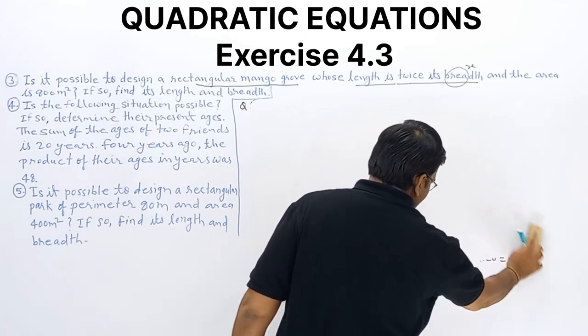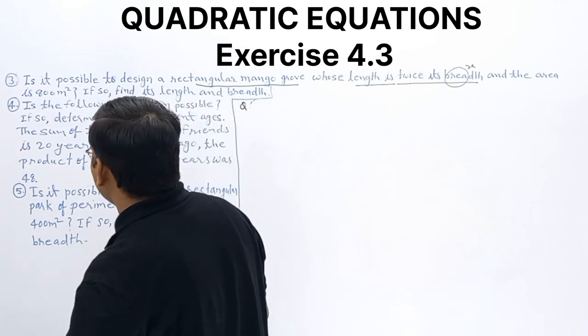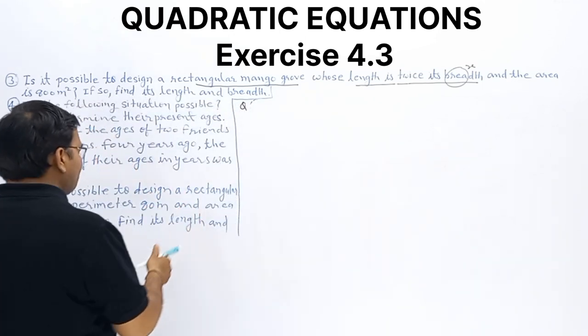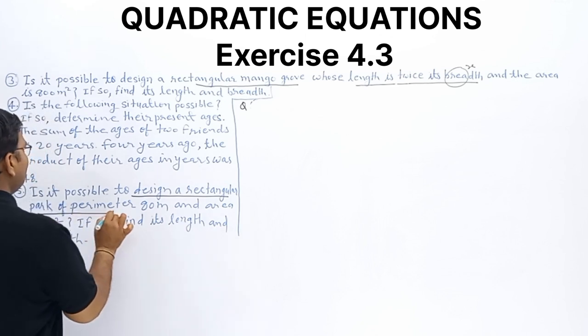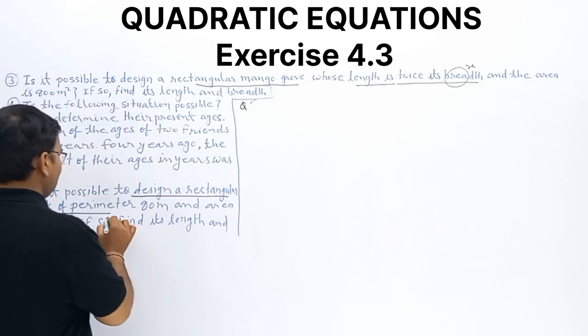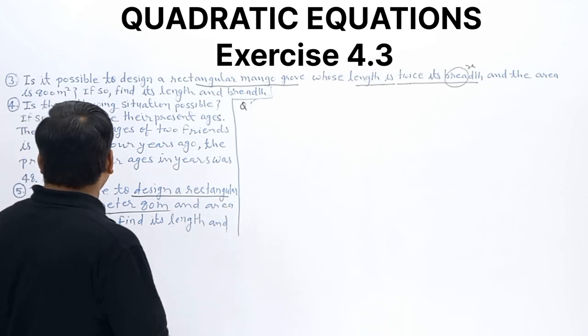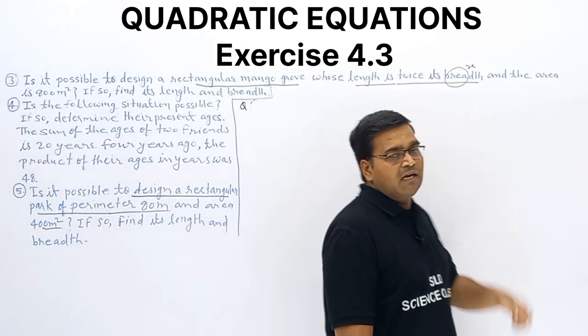Question number 5: Is it possible to design a rectangular park of perimeter 80 meter and its area is 400 meter square? Find its length and breadth.